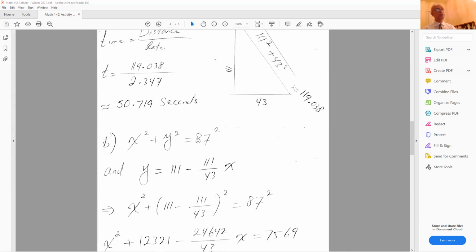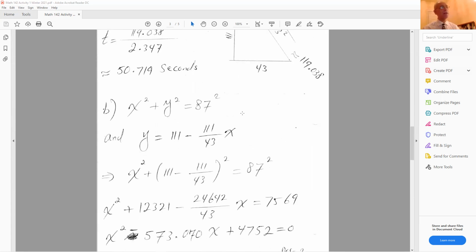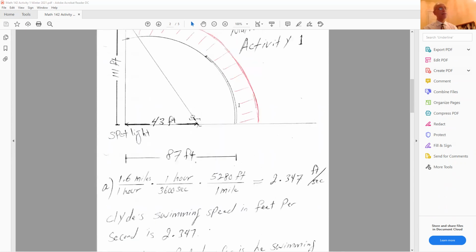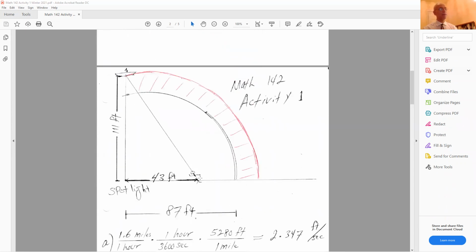Now for part B, I need to find out the distance between Clyde and this illumination part. Two things I know.